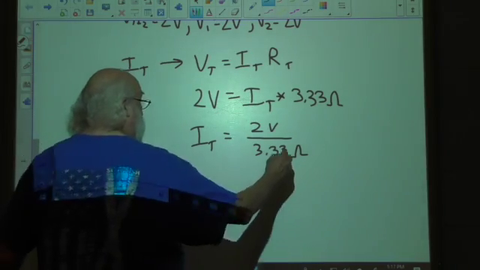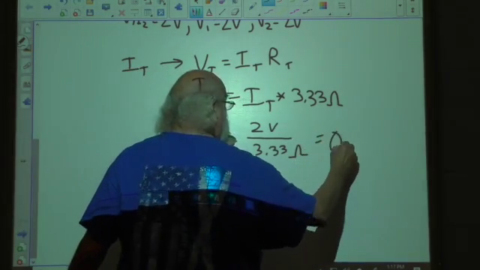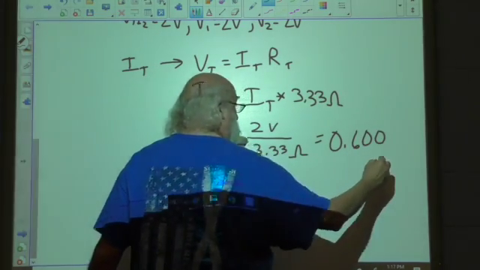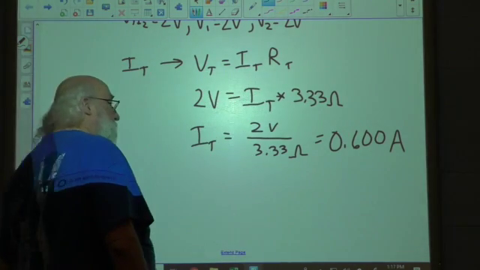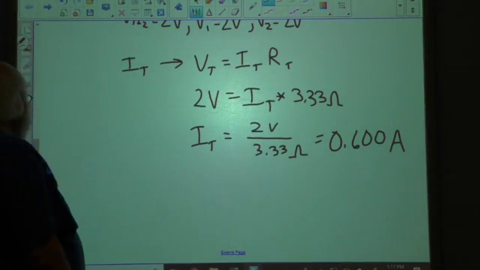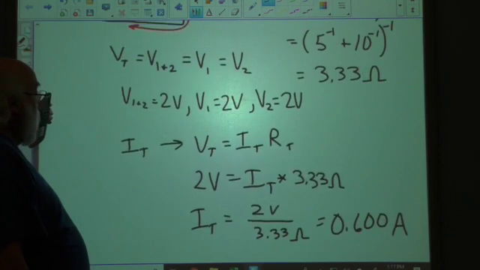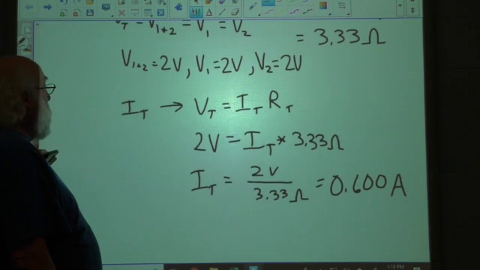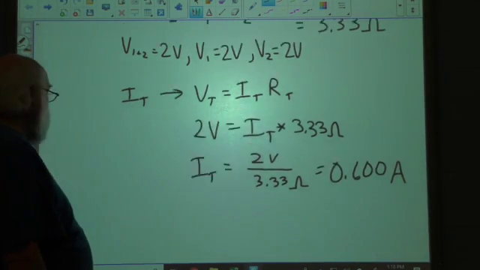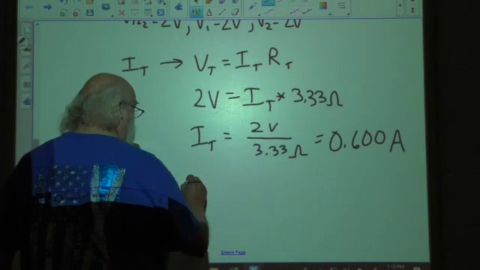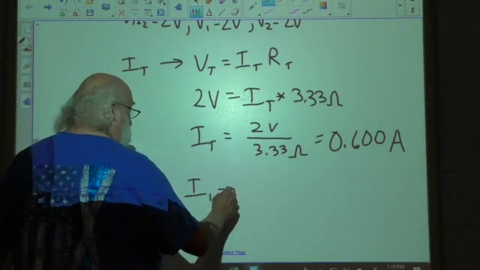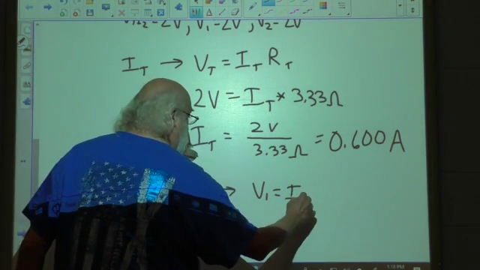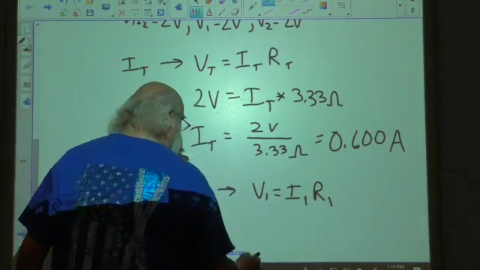I get 0.600, and since we're looking for current, this is the total amps in the system. Now I'm going to find I1 and I2. I1 is found by taking V1 equals I1 times R1.